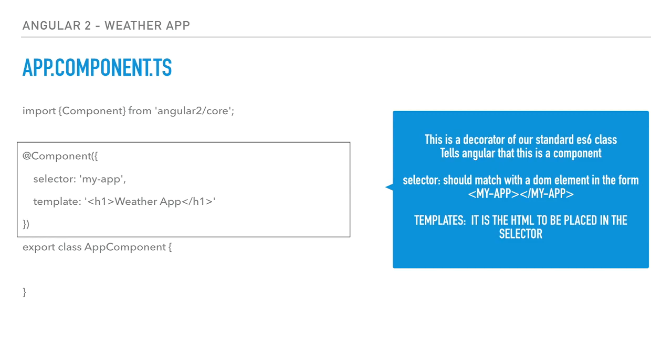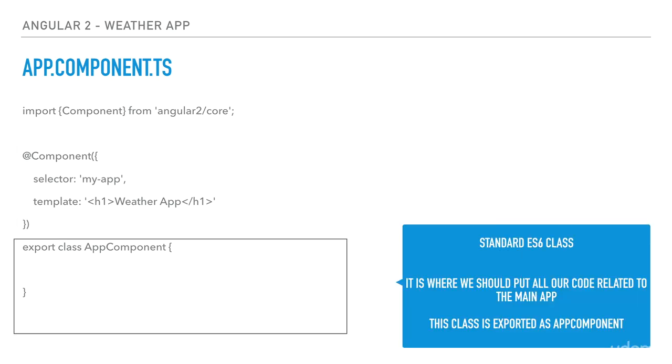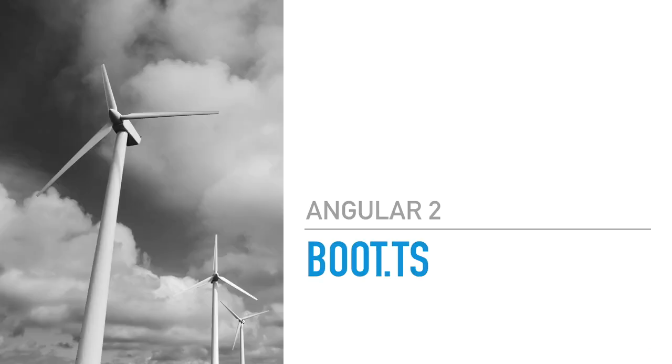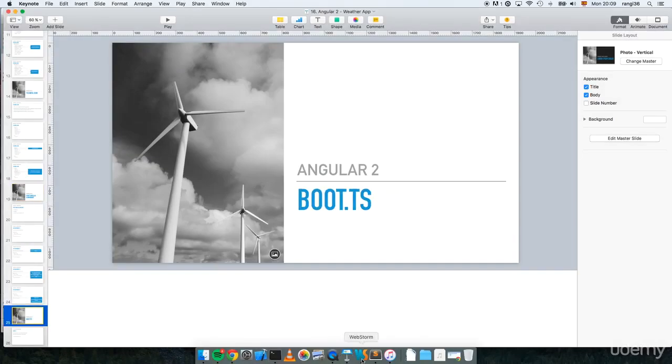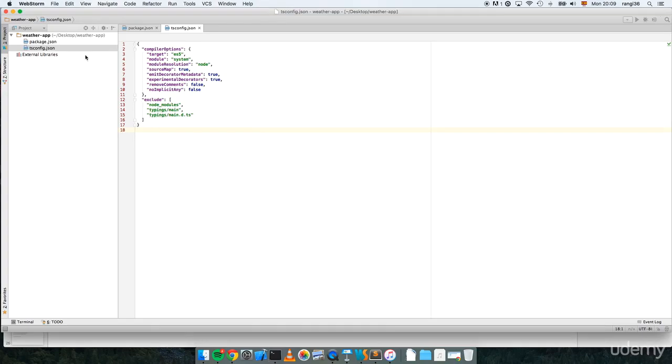This is the HTML that we will render when we want to display this component. And finally, we have the class that will hold all the business logic for this component. We have to export this in case other components or modules use this app.component.ts. Okay, so let's code a little bit and let's do exactly this.